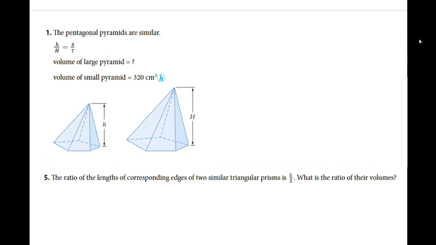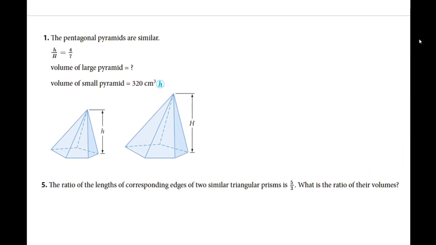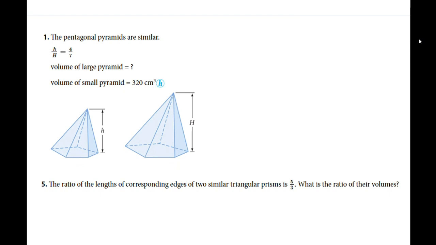All right, so it says these pyramids are similar. And beyond that they're similar, it also says that the ratio of H to capital H is 4 to 7. So, oh look, that's the height of this pyramid, the height of this pyramid, those are corresponding one-dimensional lengths. So we start with a 4 to 7 ratio for one dimension.